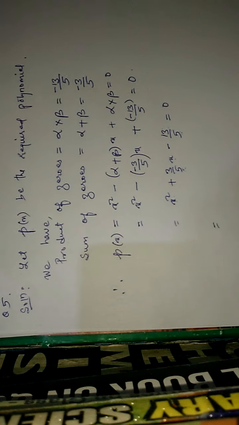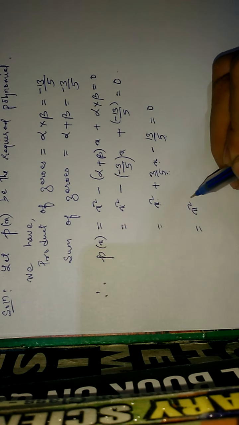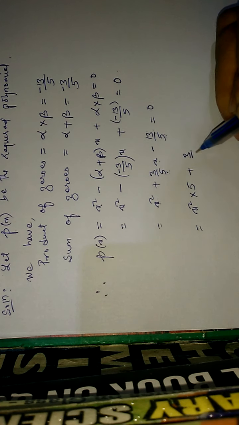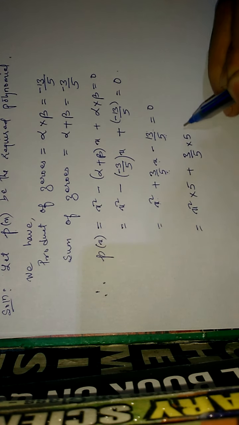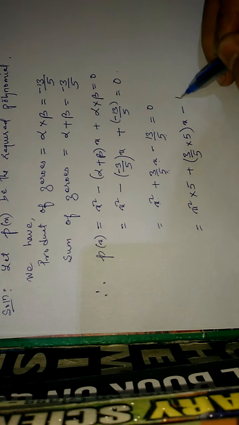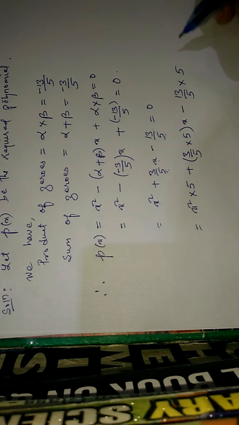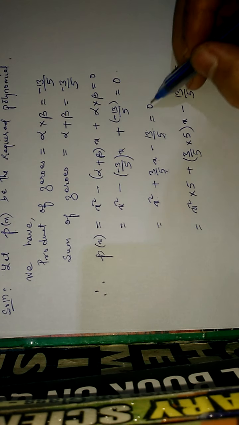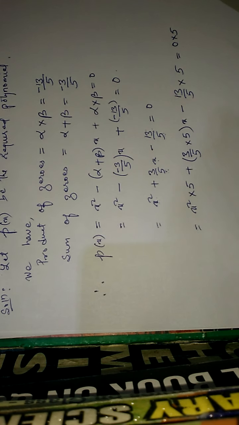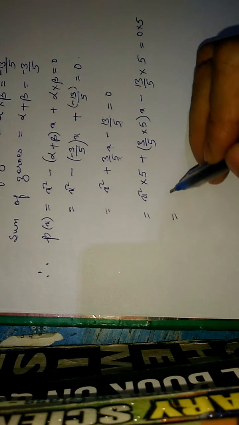x square into 5, plus 3 by 5 x into 5, minus 13 by 5 into 5. On the right side also you multiply by 5. Then x square becomes 5x square.